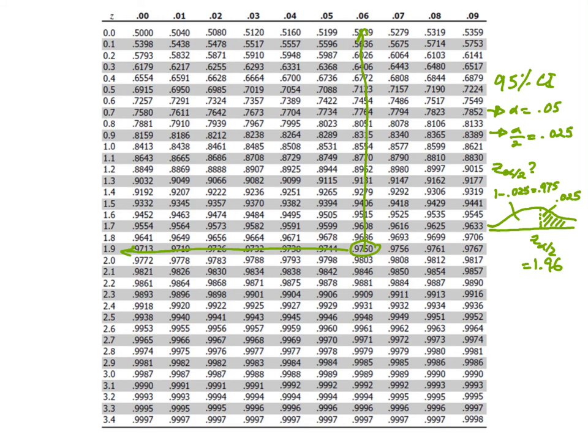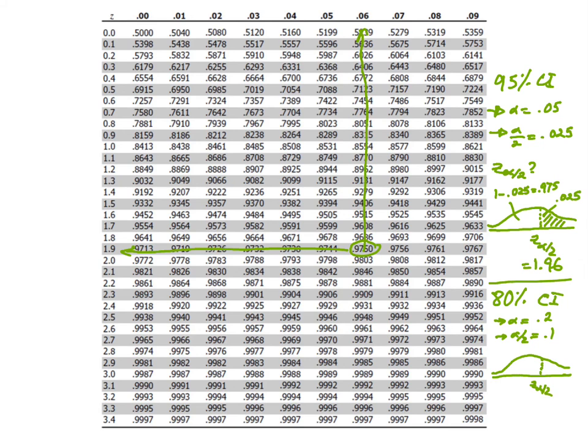Suppose we want to do the 80% confidence interval. Then alpha is going to be 0.2, alpha over 2 is 0.1. So you draw the Z distribution, then we want to look for Z sub alpha over 2.